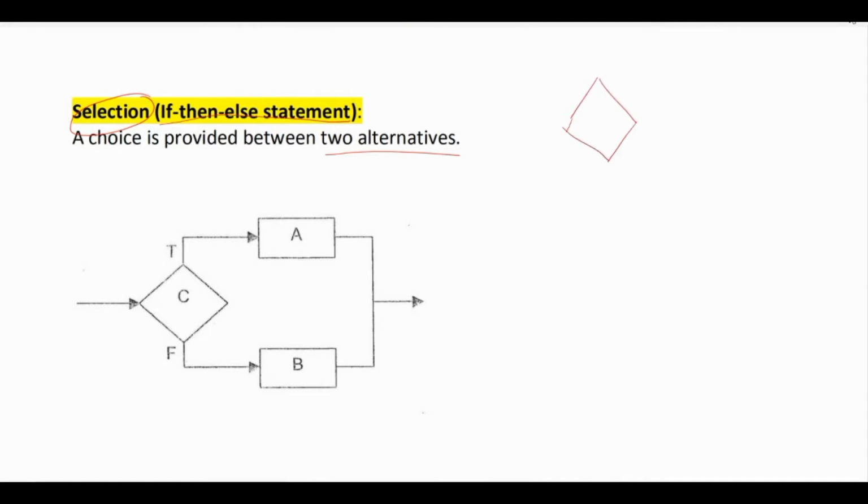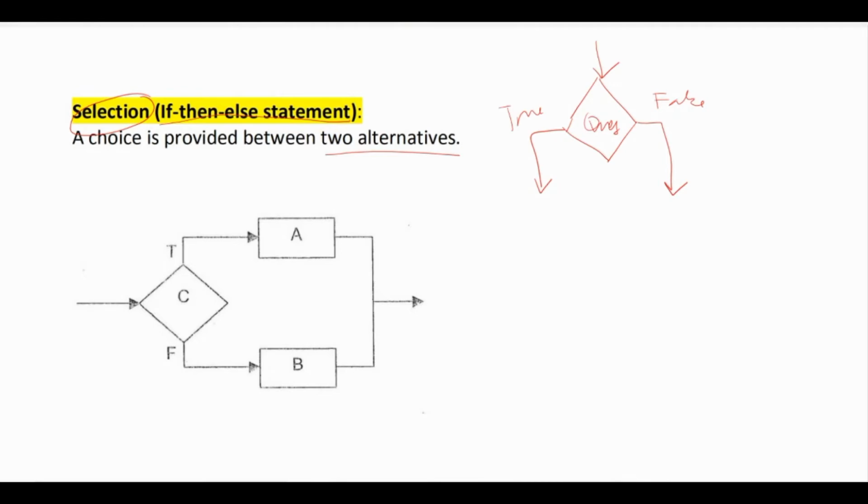Recall that the diamond symbol has one input flow line and two output flow lines. So say we have the first output flow line here and the second output flow line here. What we have here is a question that is answerable by yes or no, or true or false. So maybe you would say here yes, no, or you could use true, false.